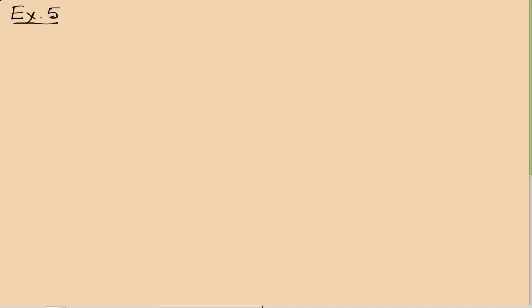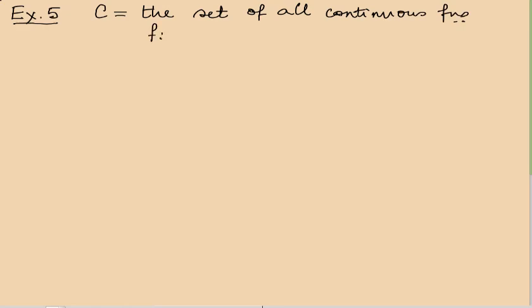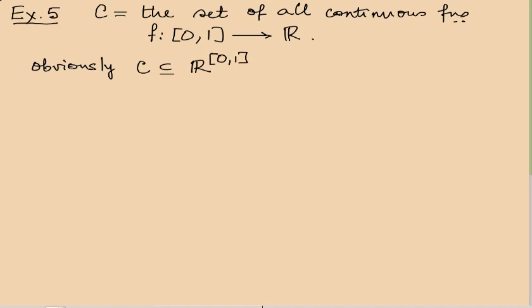Let me now take C to be the set of all continuous functions f on the closed interval 0 to 1 and taking values in R. And again, obviously, C is a subset of the set of all real valued functions on 0 to 1, and we know that this is already a vector space.